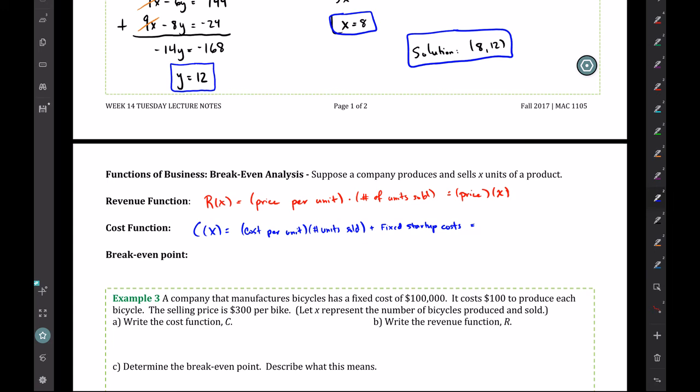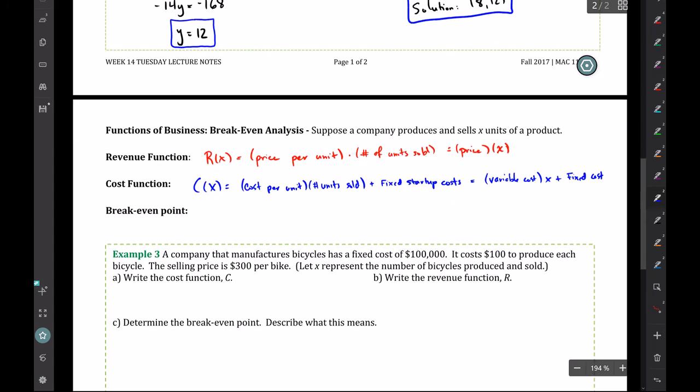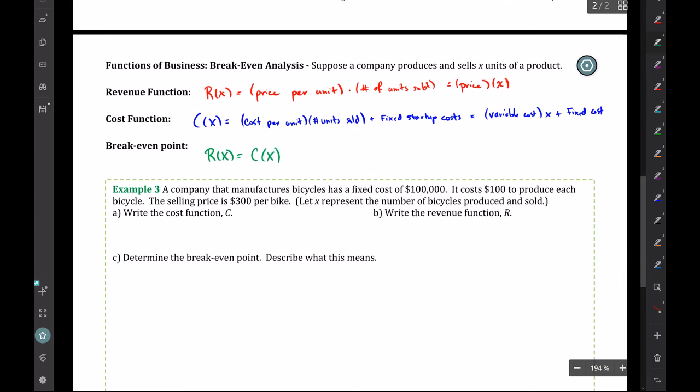So those things don't depend on how many units you sell, they just depend on a one-time fixed cost. So this is like variable cost times x plus your fixed cost. And then your break-even point is when your revenue equals your cost. So you break even if your revenue equals cost. So if R of x equals C of x, then you've broken even.